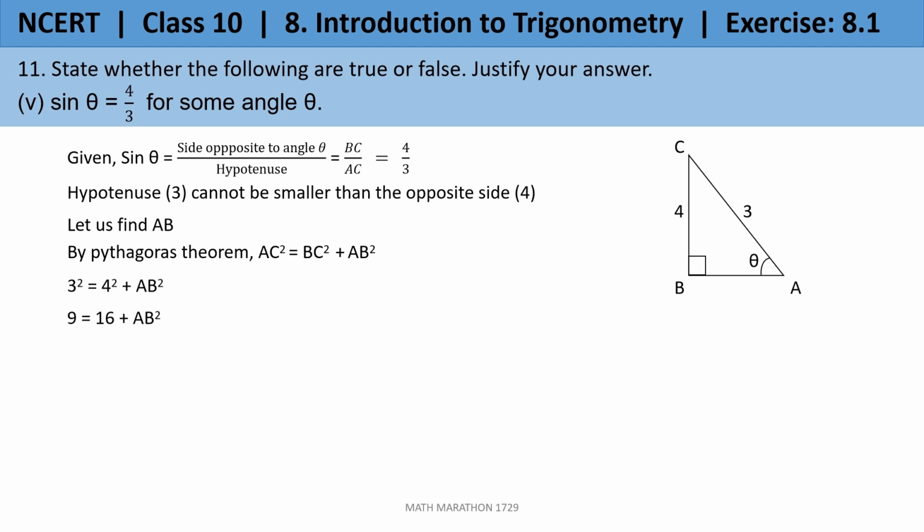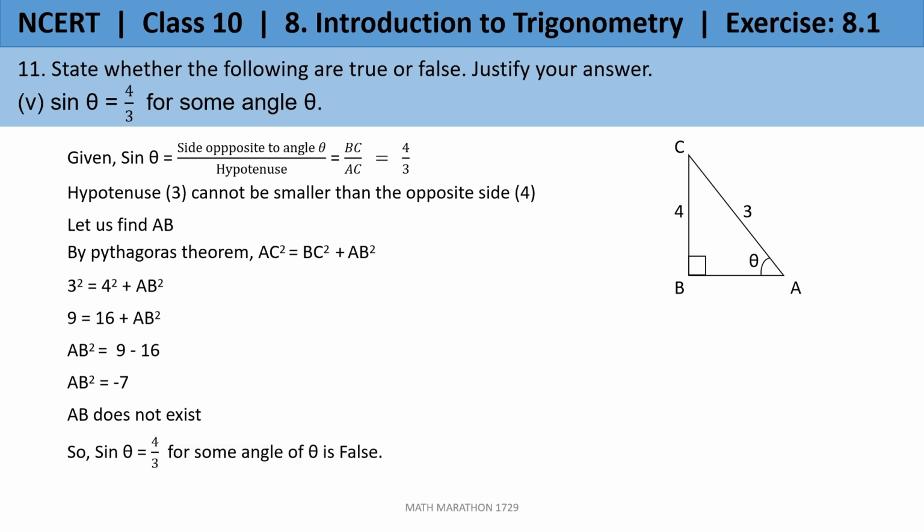Let us subtract 16 on both sides of the equation. AB square is equal to 9 minus 16. AB square is equal to minus 7. So, AB does not exist. So, sin theta is equal to 4 by 3 for some angle theta is false. So, the answer is false.